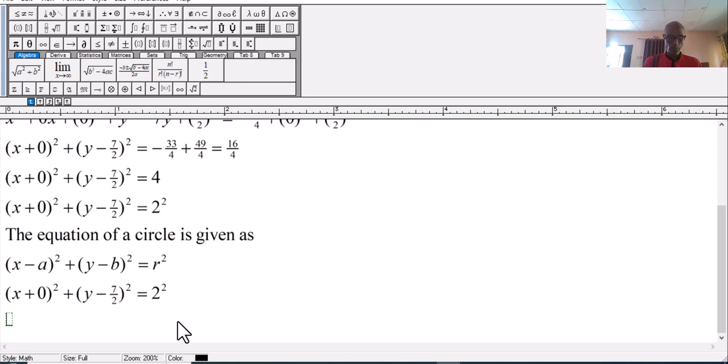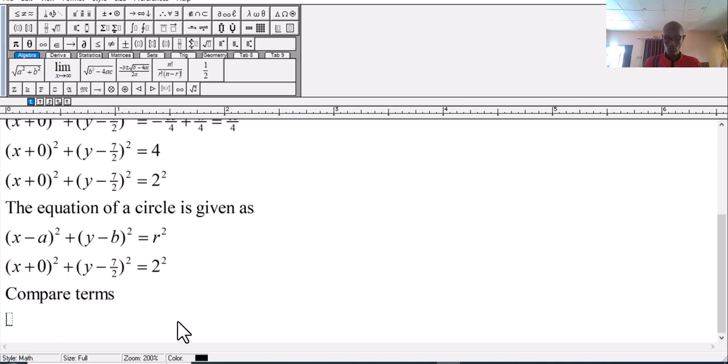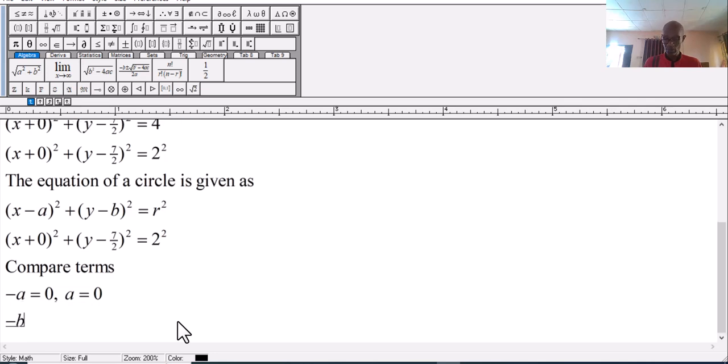Now we can compare terms. So minus a equals 0, invariably a equals 0. Then minus b equals minus 7 over 2. So you can say that our b equals 7 over 2.